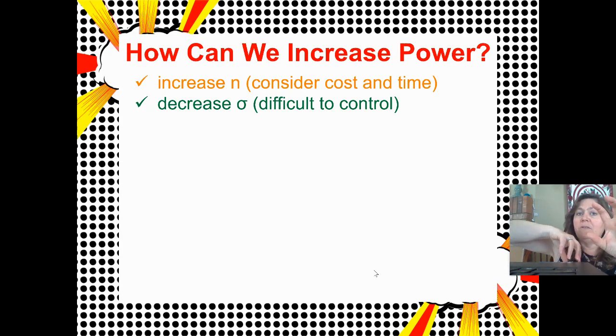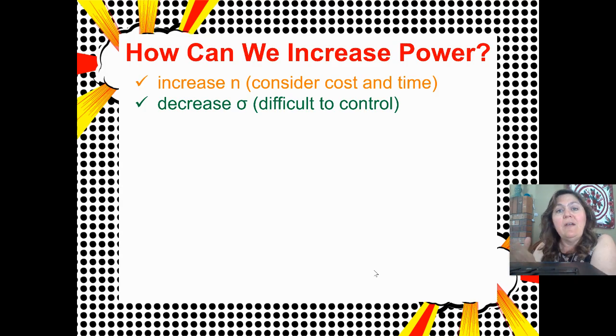You're multiplying the numerator times square root of N over sigma, right? So now my Z statistic is getting larger, and the larger Z gets, the further out we are, and our p-value is going to get smaller and smaller. So the smaller p-value does help us make the correct decision. We've got a stronger chance of making the right decision, because we have more evidence against it.